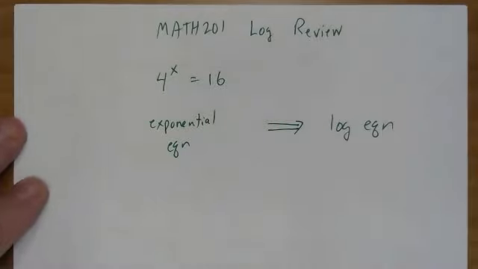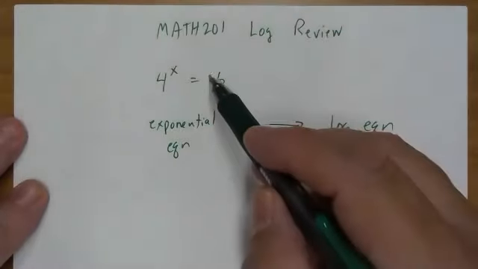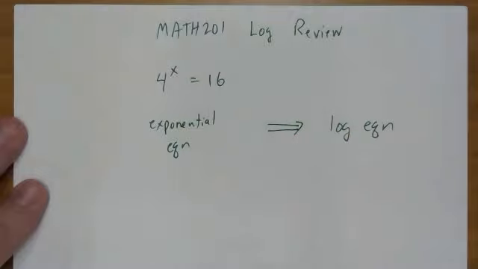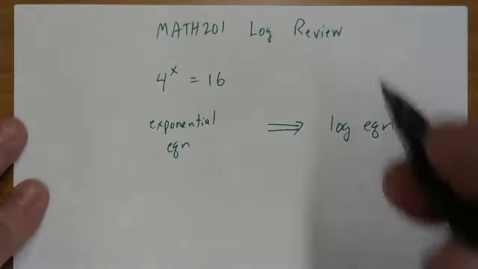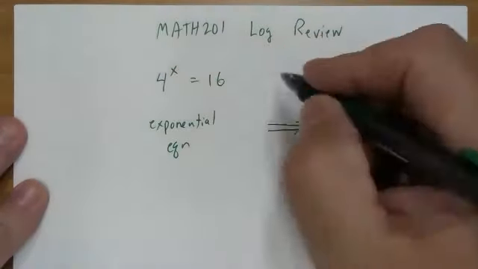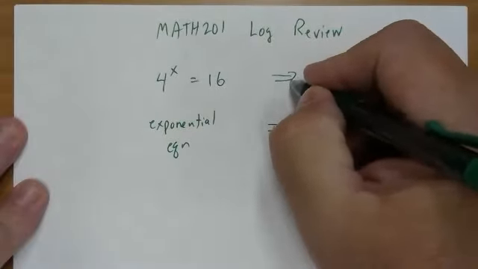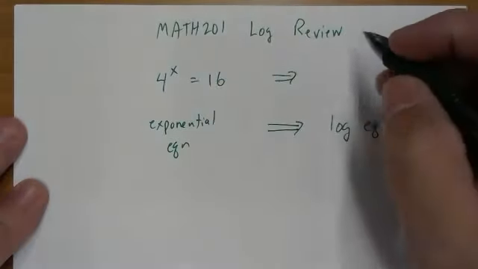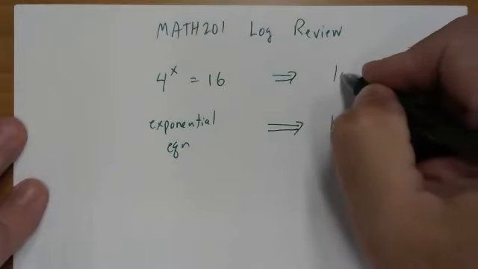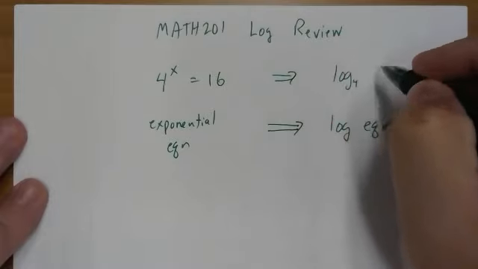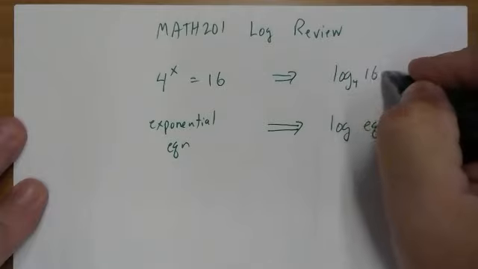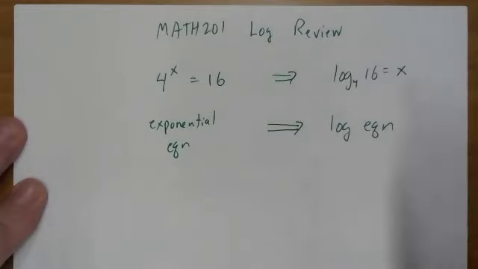as a log equation. Now, in a few minutes, we'll do some examples of how we can convert this. But for now, let me just show you this equation written as a log equation would be this.